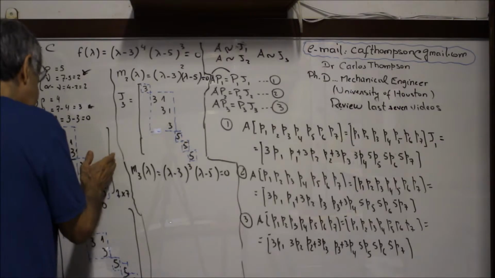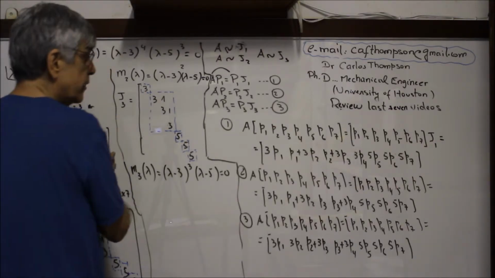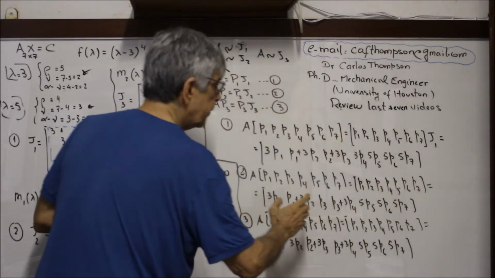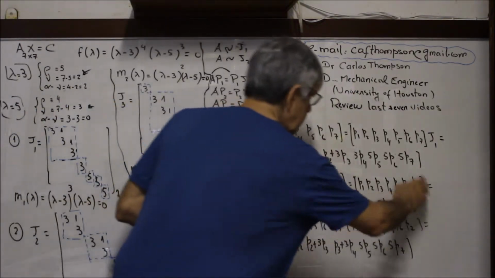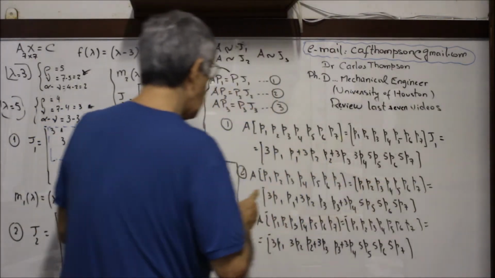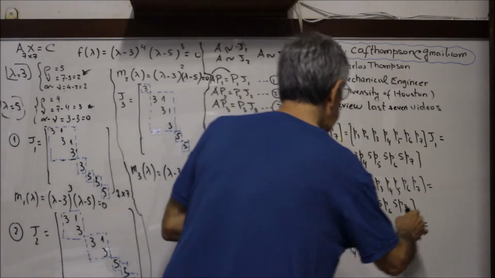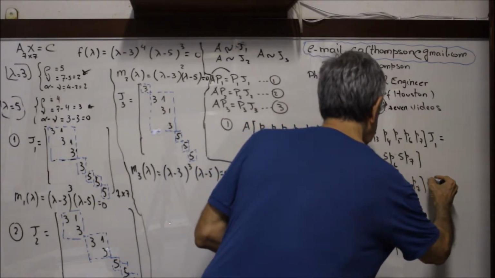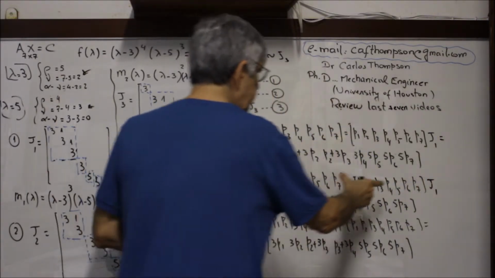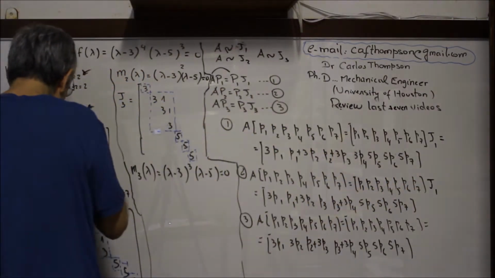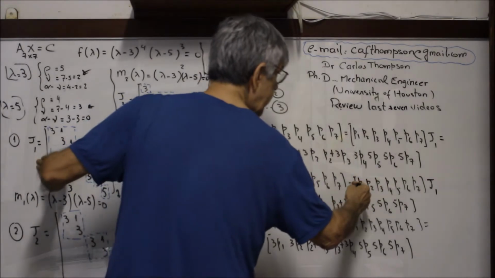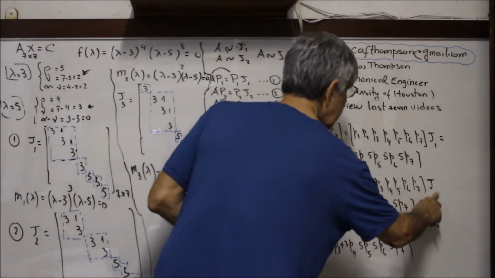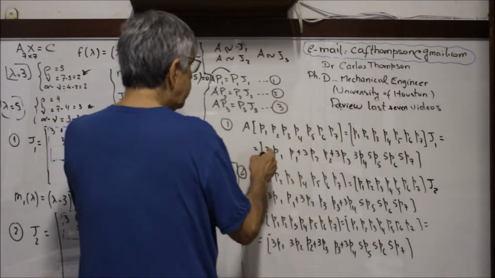Now you see, in terms of this J1, we obtained A times P is equal to P times J. This is P times J1. This is P times J1. That was here, P times J1. From here, we obtained this one.